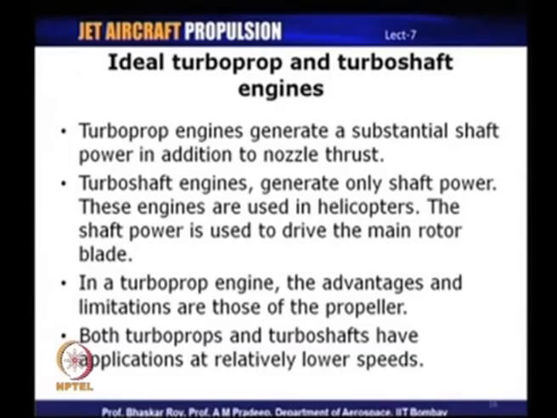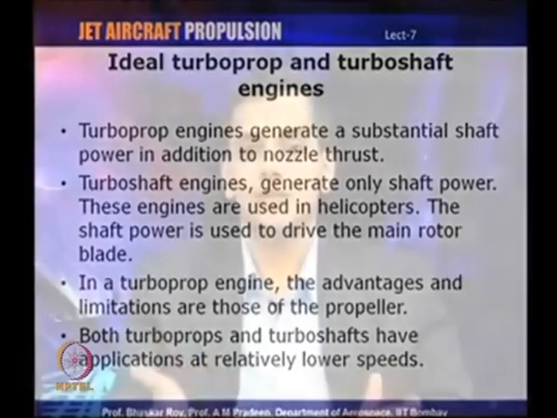And in a turboprop engine, what we aim to do is to incorporate the advantages of a propeller based engine into a jet engine. As we know, the propeller based engines have very high propulsion efficiencies, and the propulsion efficiencies of pure jet engines are much lower as compared to propeller based engines.